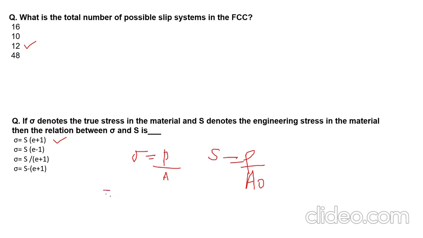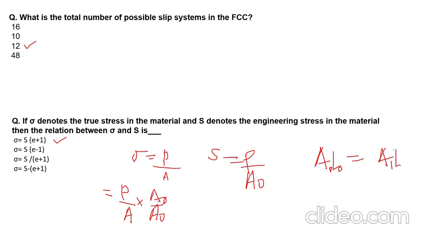So you can write sigma equal to P by A, and you can multiply both sides by, for example, A naught. Then you can solve it, because you know that the volume is conserved. The conservation of volume says that A naught L naught is equal to A1 L1.